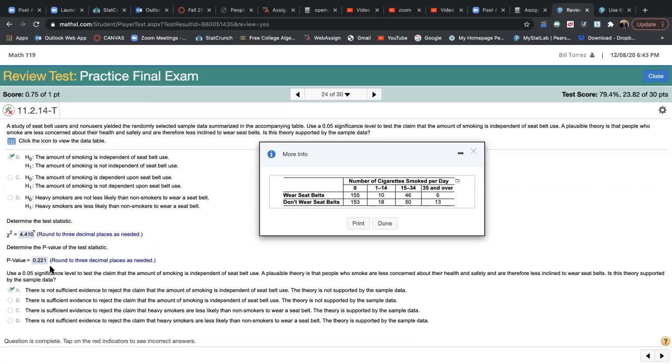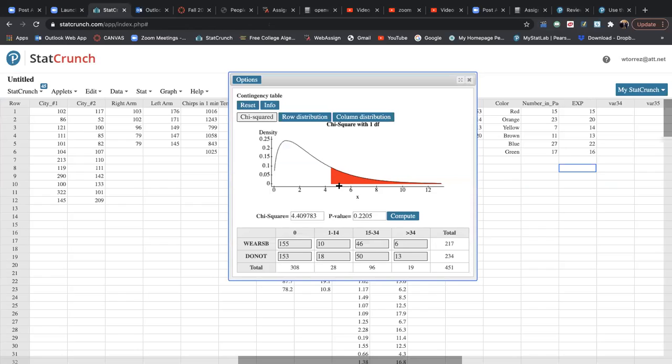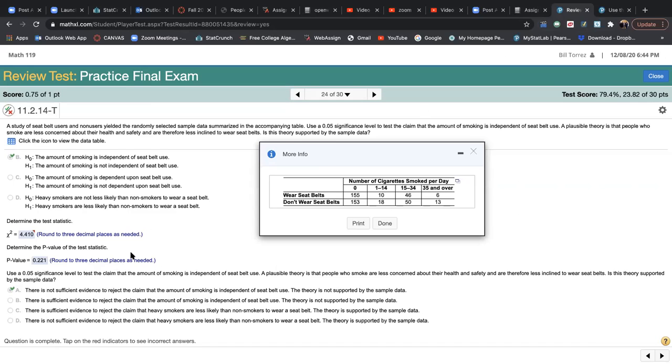The p-value here, rounded to 3 decimal places, is 0.221. A high p-value means that we do not reject the null hypothesis.